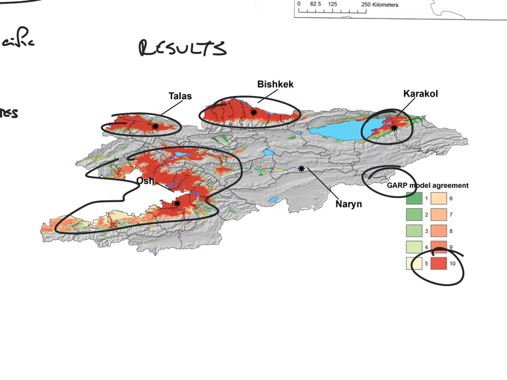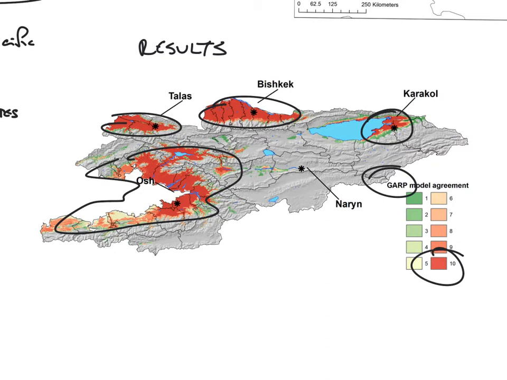In the results section, it's important that we don't over-discuss these results, but rather just report them to the reader. Now, in the case of a study where a map is one of our primary outputs, we want the narrative of the results section to have a clear description of the map.